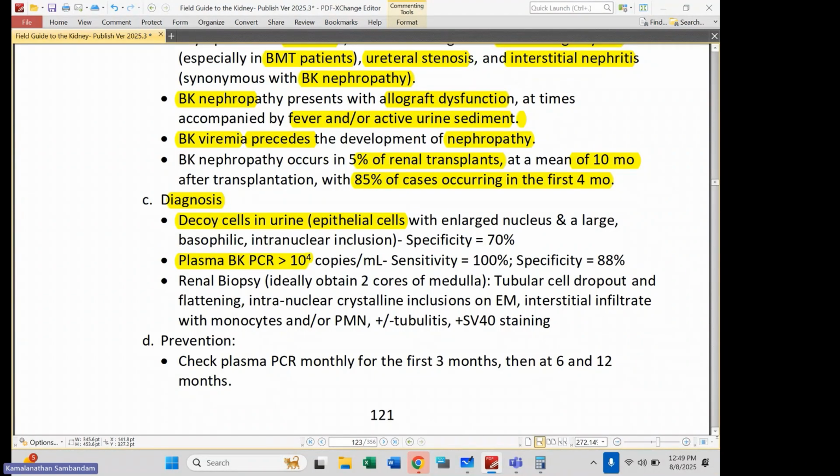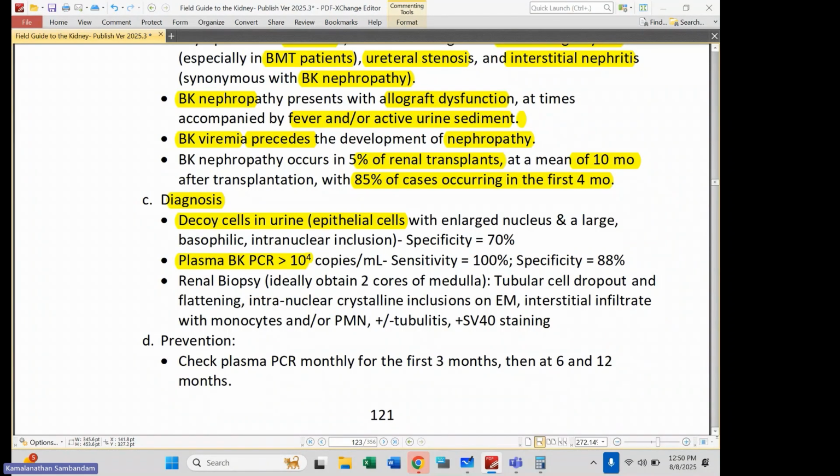When BK virus replicates in these epithelia, it creates an angry looking cell. Often the nucleus is really large. You have this high nucleus to cytoplasm ratio. That is something that you typically see in rapidly dividing cells like cancer cells. Okay, so decoy refers to these cells that look like cancer cells.